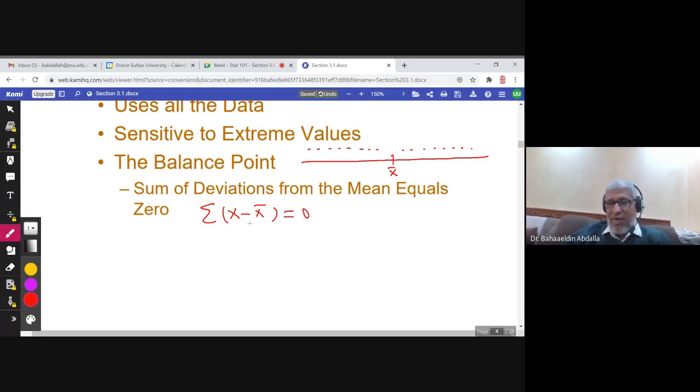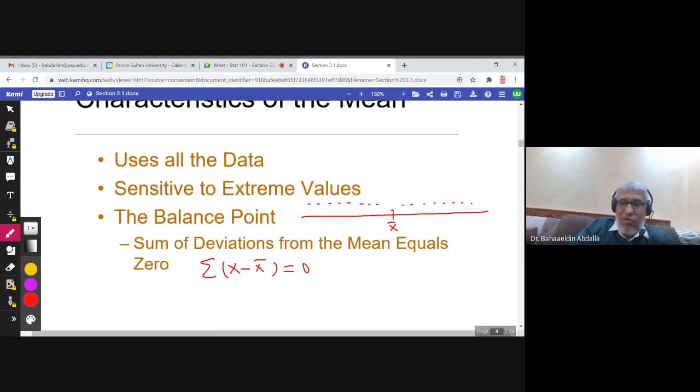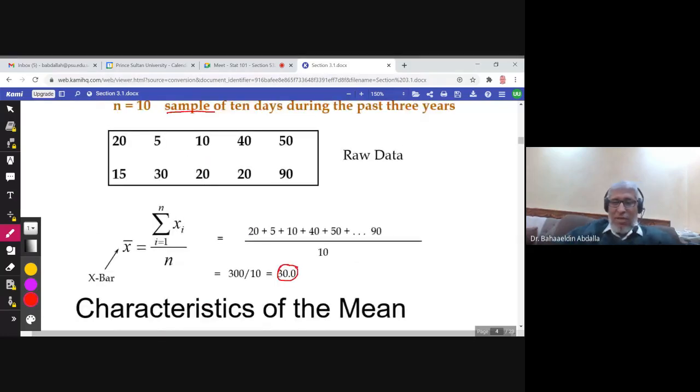X minus X bar, and you find the difference, the distance between each value and X bar. Some of these deviations would be positive because the number is greater than X bar. Some of these deviations would be negative because numbers are to the left of X bar, but when you add them, you get 0. If you want to understand this more, you can apply it here, okay?